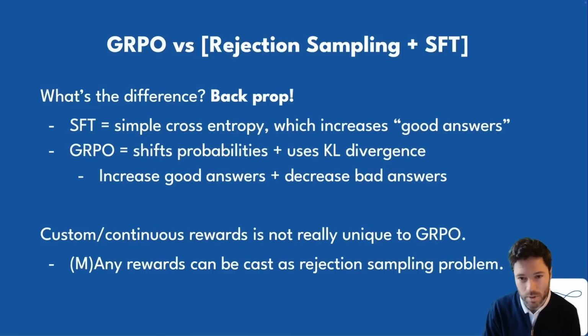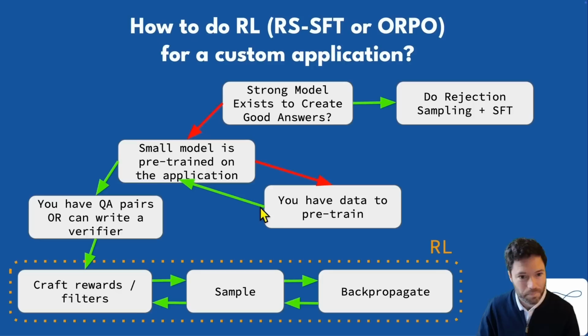I'm probably missing some specific nuance points around where there might be some benefits, but broadly speaking, the difference between GRPO and ORPO and DPO and SFT with rejection sampling, or ORPO with rejection sampling, is really around the backpropagation. And the key big question is, in practice, does the ability to do negative rewards actually help? Or in practice, do you just end up more or less performing like doing cross-entropy loss?